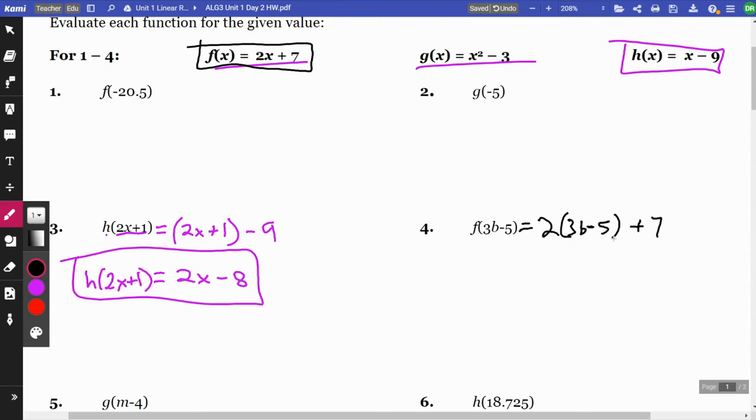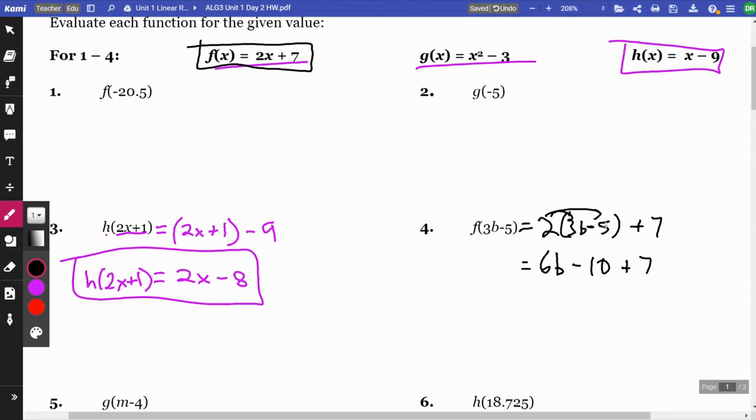Okay, and then this is more order of operations. We should distribute this 2 here, because it's sitting out in front of the parentheses. We can simplify that part. So when we distribute that, we get 6b. Apologies that those look the same. And then 2 times negative 5 is negative 10. We still have the plus 7 sitting over there. Parentheses are gone because we distributed the 2 through them.